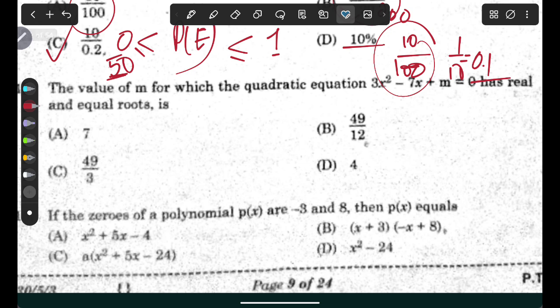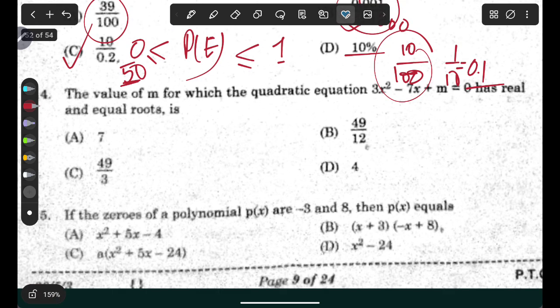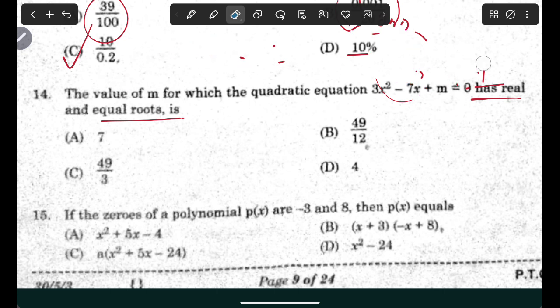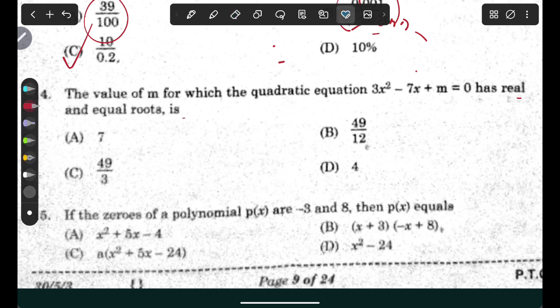The value of m for which the quadratic equation has real and equal roots. The condition, the real and equal roots we need to find. So for real and equal roots, the discriminant must be equal to 0. What is discriminant? B square minus 4ac.